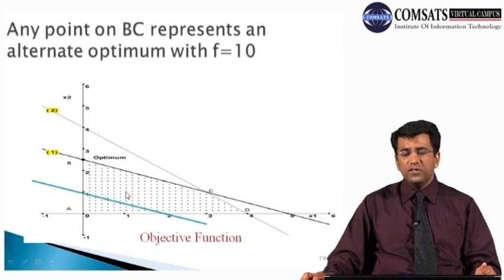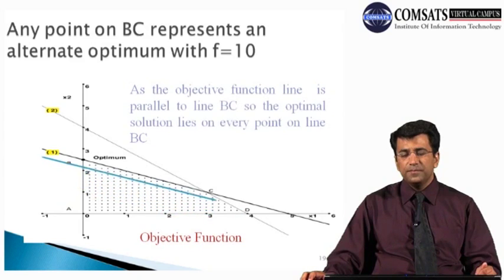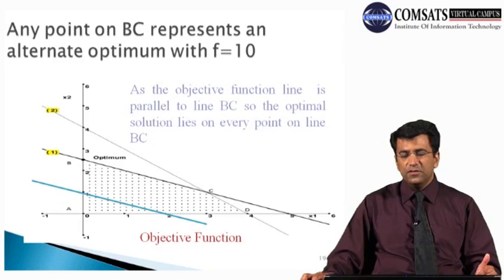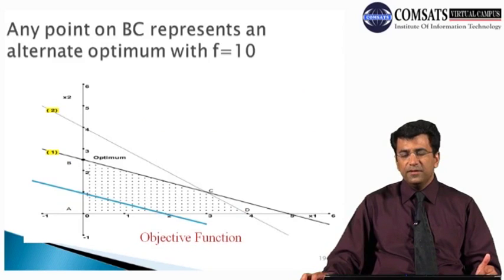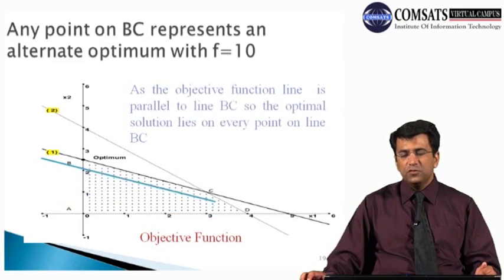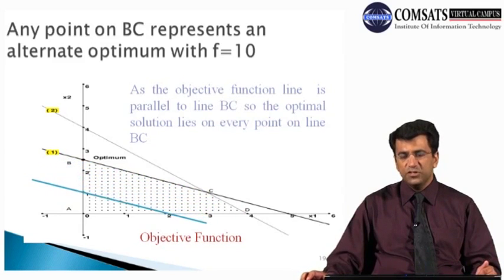Now class, if we move this line parallel and above the origin, the line of profit will lie on a particular constraint. Again, if we move this line of profit towards our constraint, this profit line will lie actually on one of the constraints.